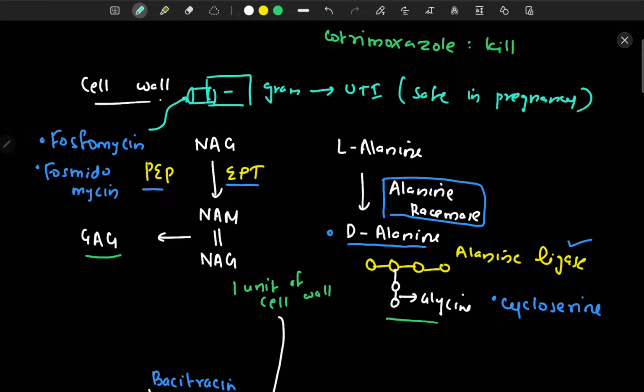So during pregnancy, the chance of urinary tract infection is high. So we can give fosfomycin, and the dose is 3 gram single dose. More commonly used is fosfomycin.